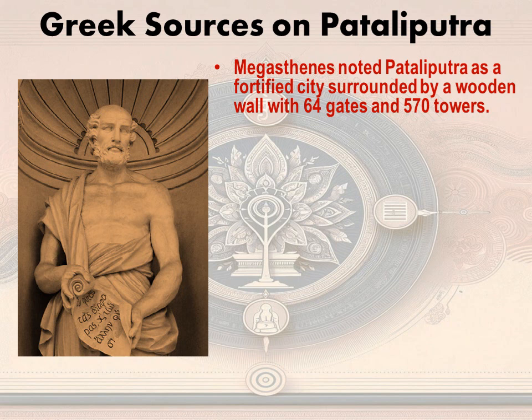So he mentioned the situation of Pataliputra in great detail, and he said that there was a wooden wall around the city. So we get instances of fortification, and also there were 64 gates and 570 towers in the city of Pataliputra.